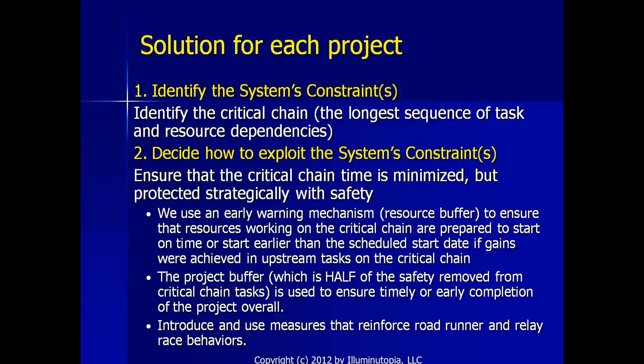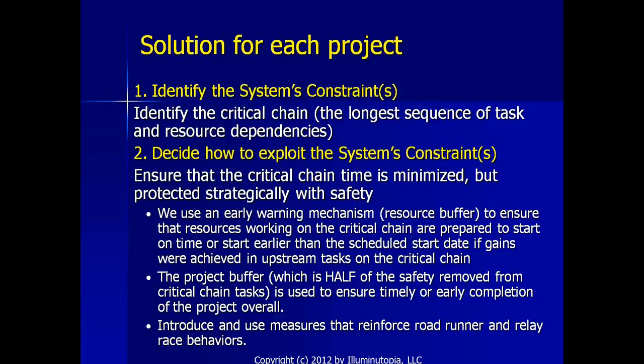So we get to just have a warning for a resource type that when we get estimates of how soon the task before it is going to finish, we're warning them to be prepared to start that project task if it's on the critical chain.